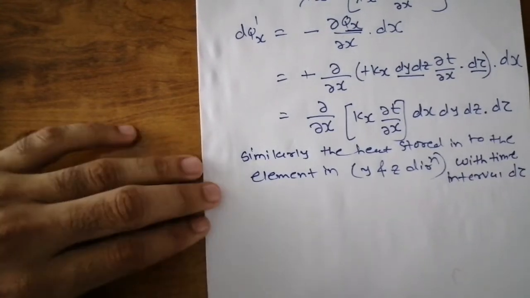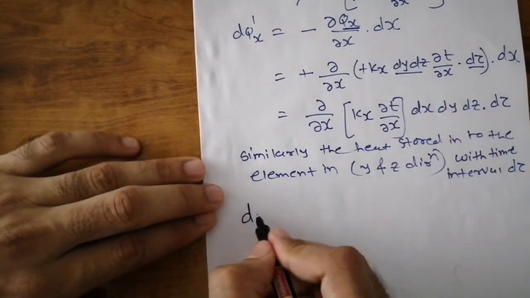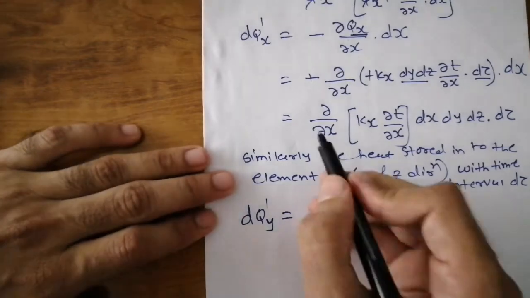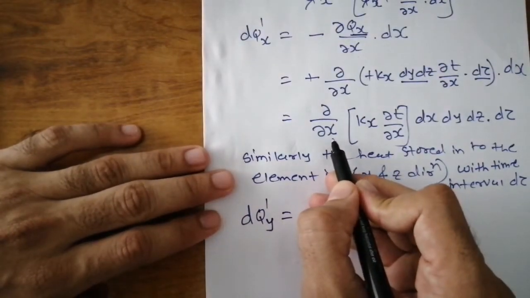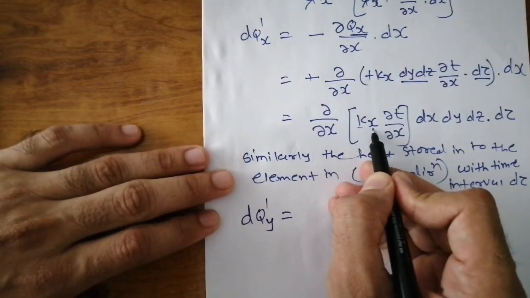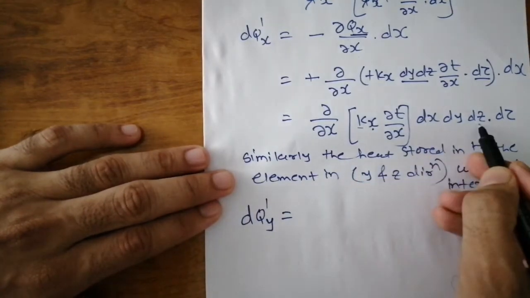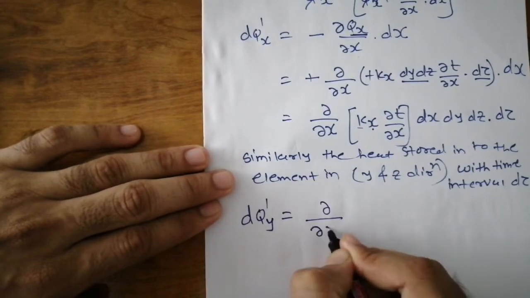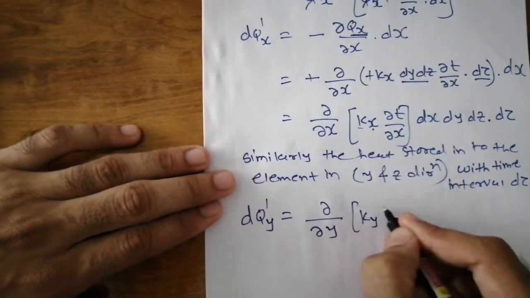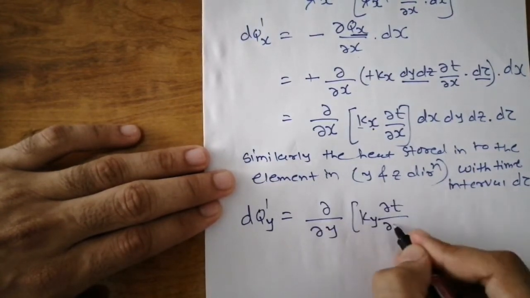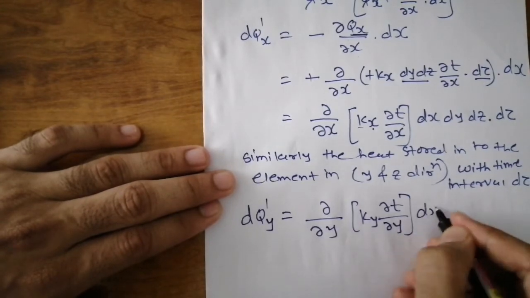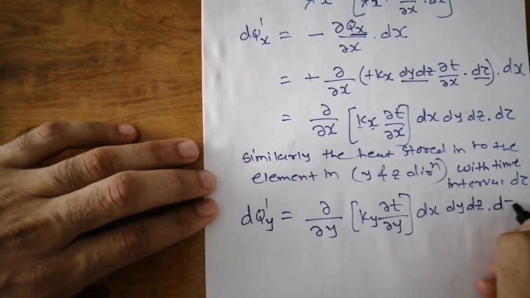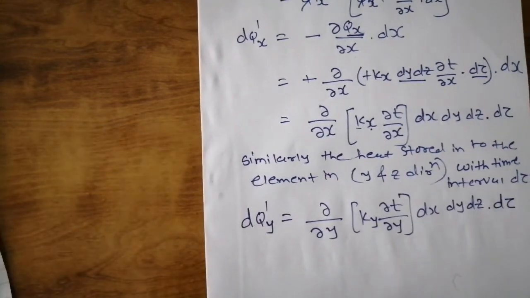So similarly for the y direction, dq y dash is equal to, just instead of x we write y, and instead of kx we write ky. Similar volume will be considered, dx dy and dz into del tau. So del by del y, ky del t by del y, dx dy dz into del tau over.